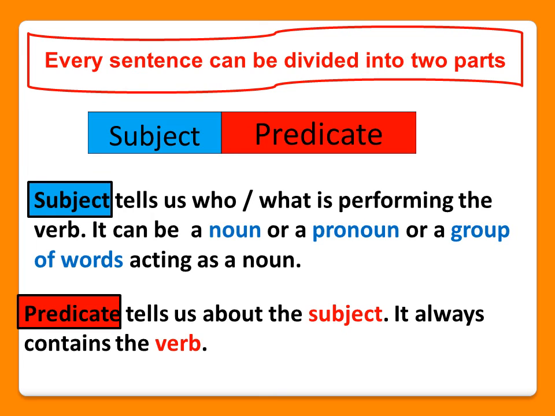Now, please note, any noun cannot be the subject. Only the noun which performs the verb in the sentence can be the subject. So, all you need to do is to take up more examples and see if you can find out the correct subject and predicate in a sentence.